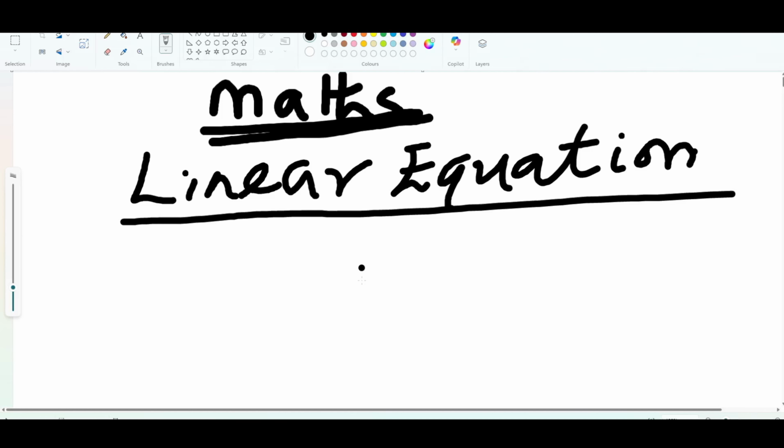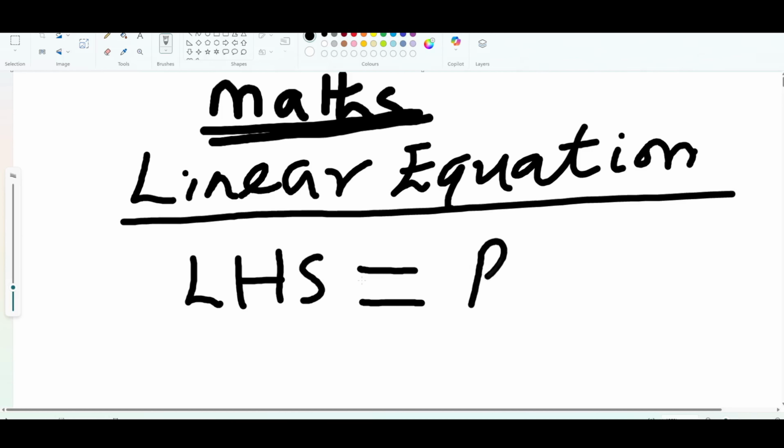The most important thing in an equation is the equality sign, and with this equality sign we have the left hand side, which is the LHS, and we have the right hand side, which is the RHS. So on the left hand side there will be some different terms, and on the right hand side there will also be terms.